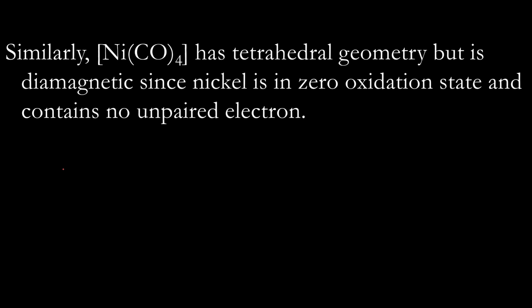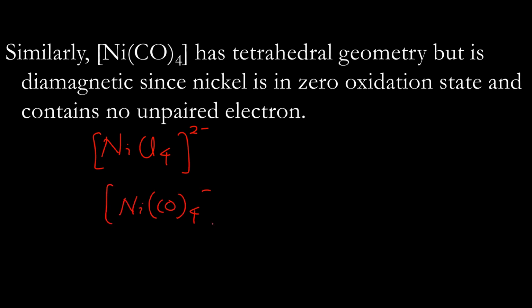When I write NiCl4 and Ni(CO)4, everyone pay attention here because there is a very important point. Cl is a weak field ligand, CO is a strong field ligand, right?